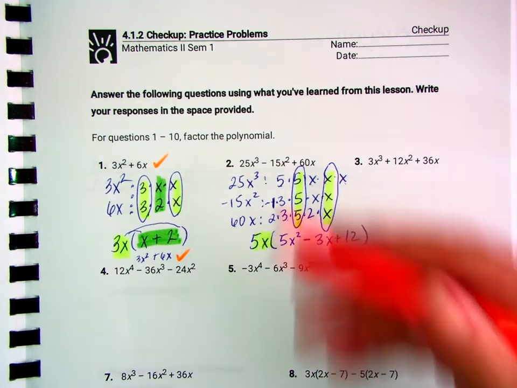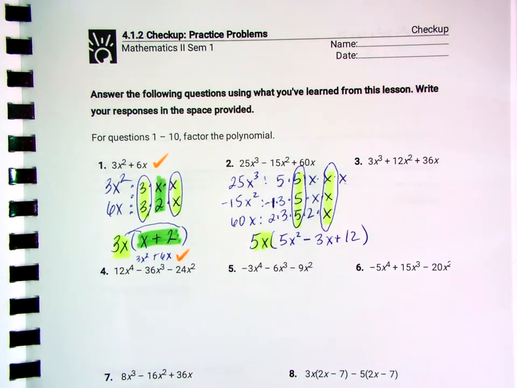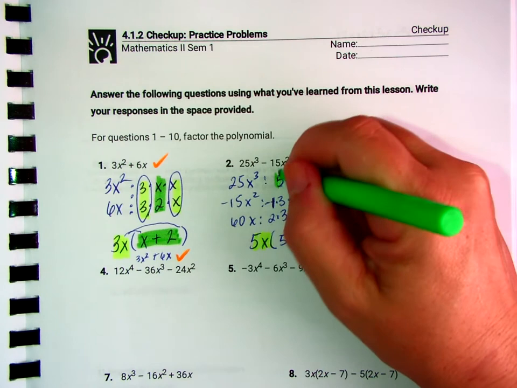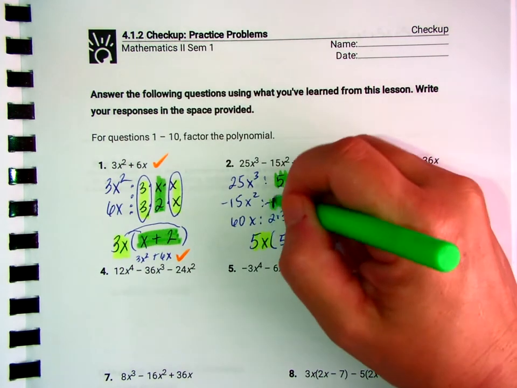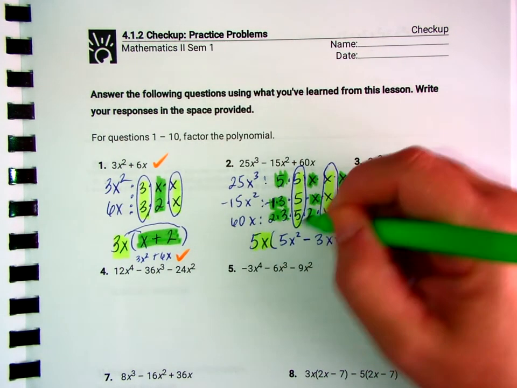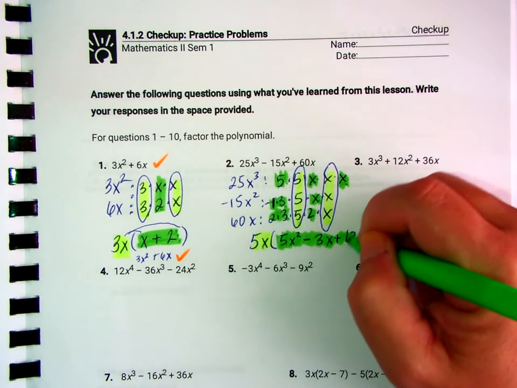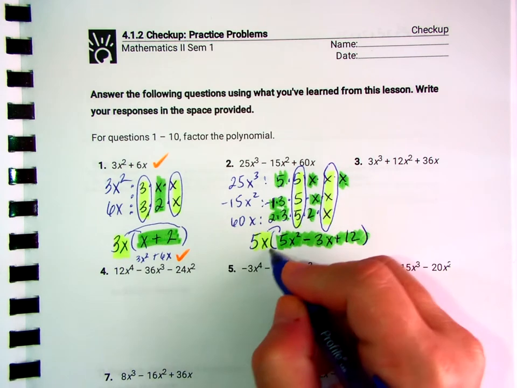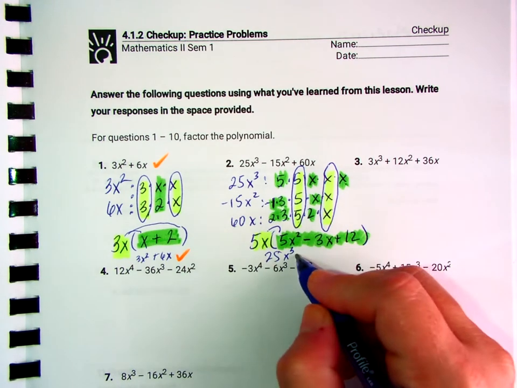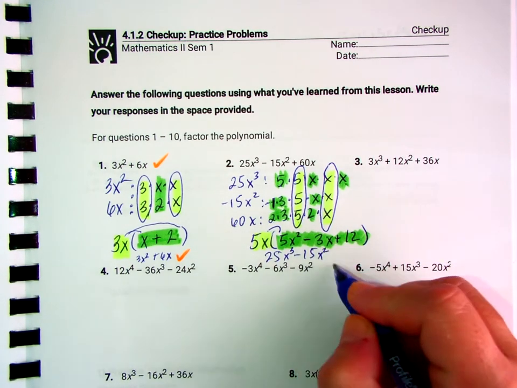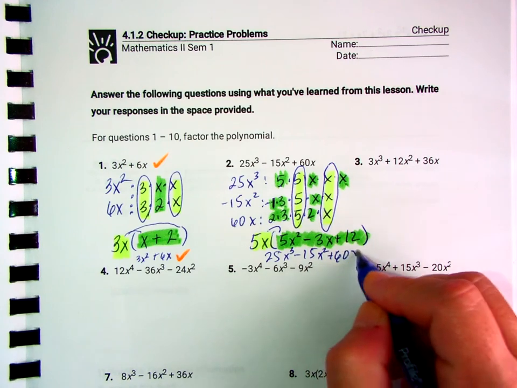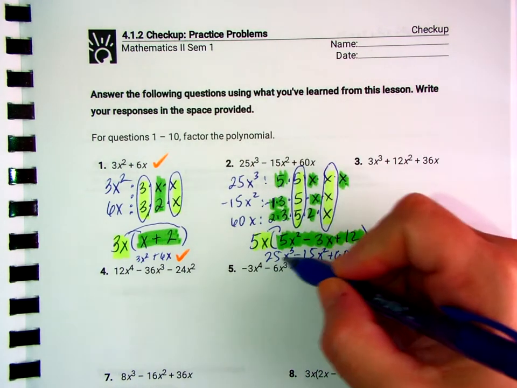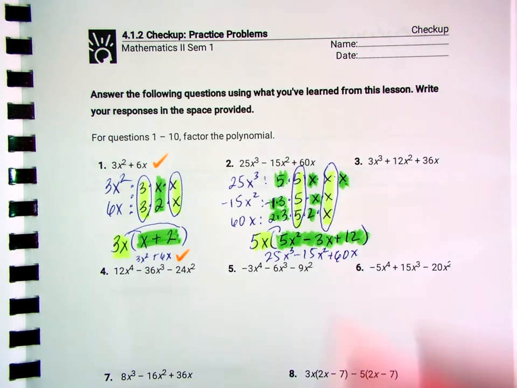And so these items that are left over are what go in the parentheses. And then to double check that I did this correct, I'm just going to multiply to check my answer. That would give me 25x to the third, negative 15x squared, plus 60x. I look to double check that my answers match, and so I know that I've factored correctly.